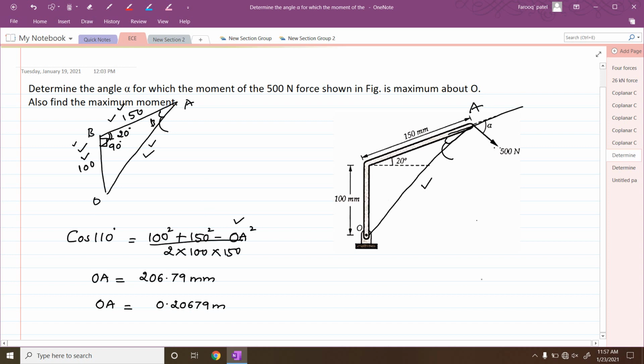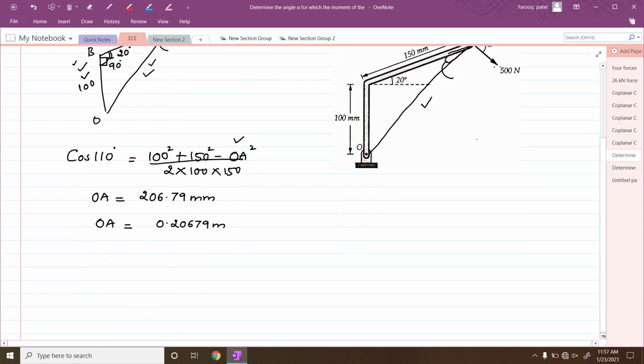So we'll apply the sine rule now. We'll apply using the sine rule. That is, we'll take 100 divided by sine of the opposite angle.